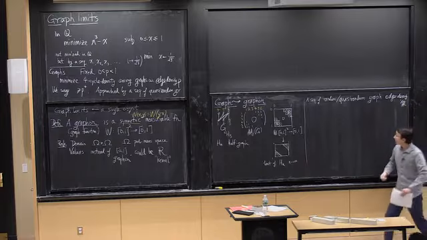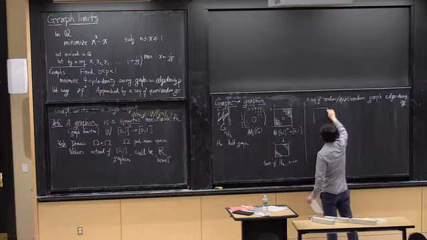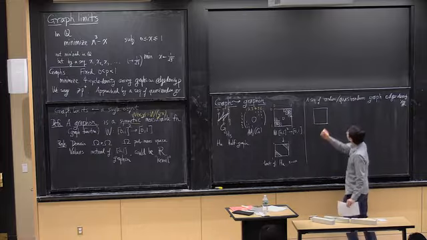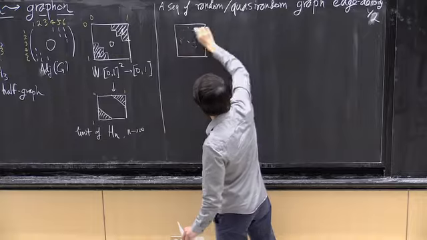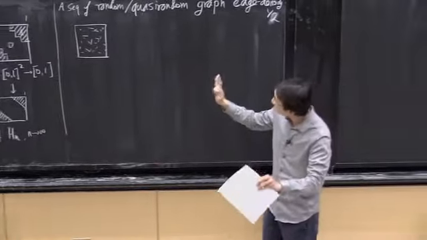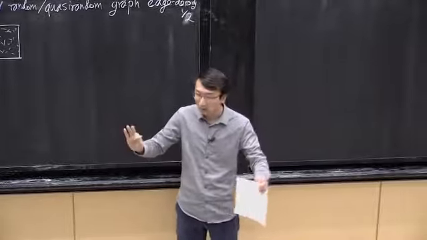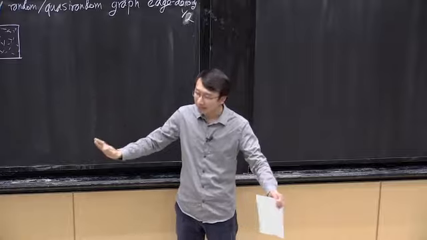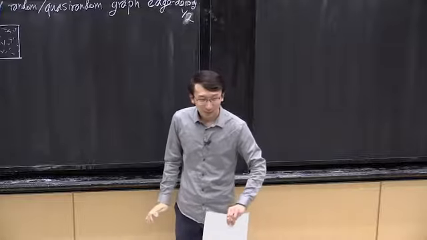So what does this look like? Again, I have this picture here, and about 1/2 of the pixels are black, and the other half of the pixels are white.